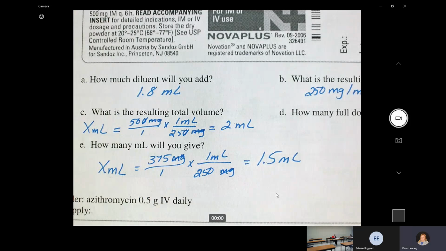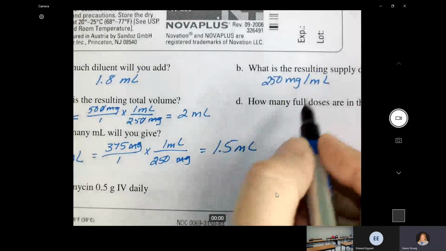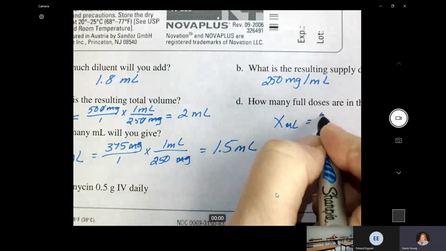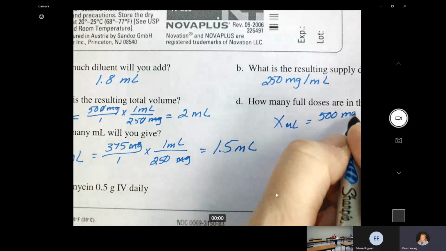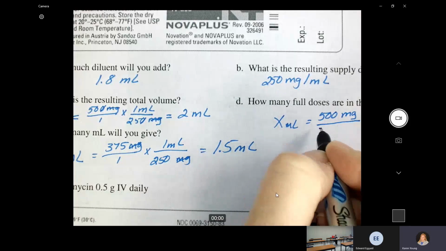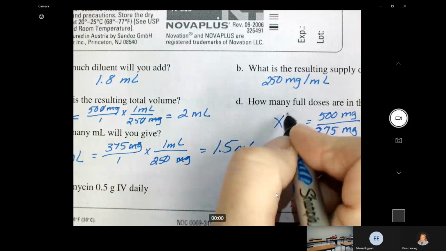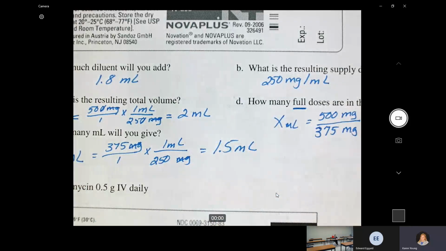So how many full doses are in the vial? This is where, again, I take my total medication, which is 500 milligrams, and divide it by my doctor's orders of 375 milligrams. The key is I want full doses.